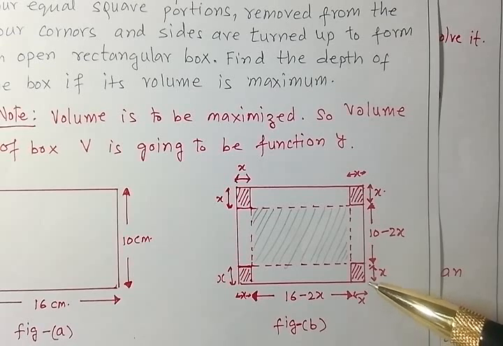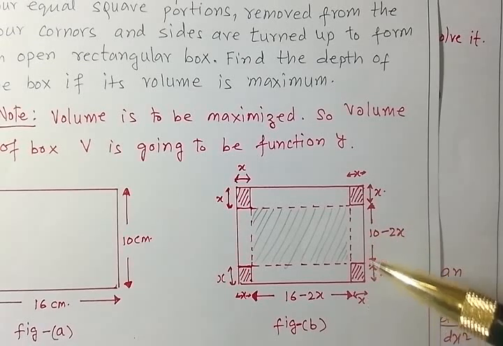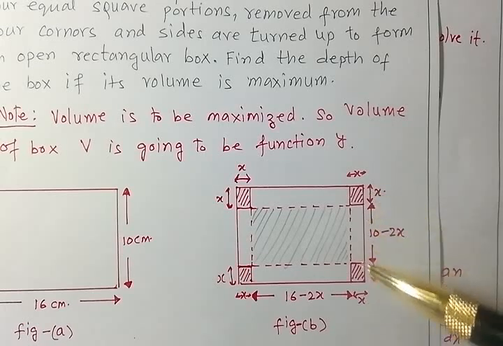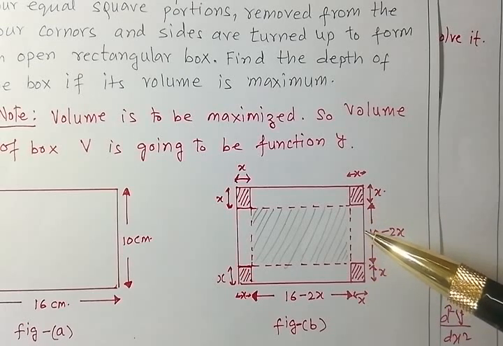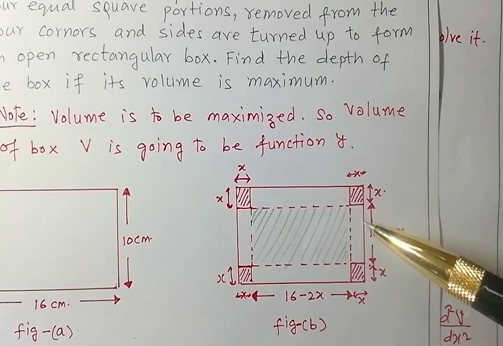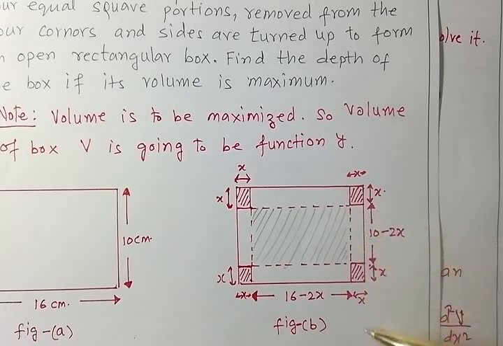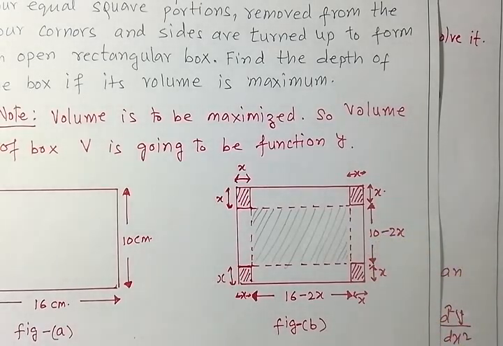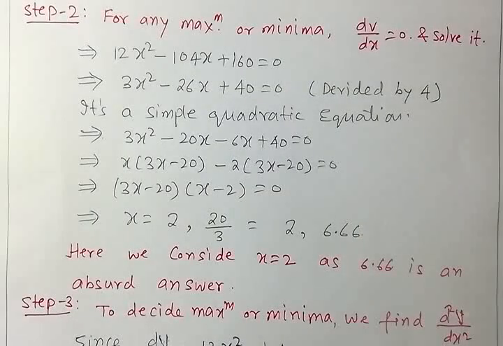So the total is 13.2 something approximately. How can you cut 13 from the total width of 10? Is it possible? The total width is 10 and you have to cut more than 13 centimeter. Is it possible? No. So we call it an absurd answer. And that is the reason we are considering only x is equal to 2.